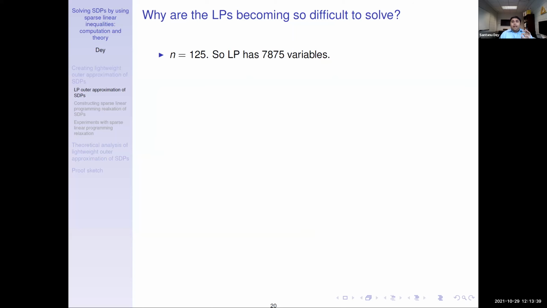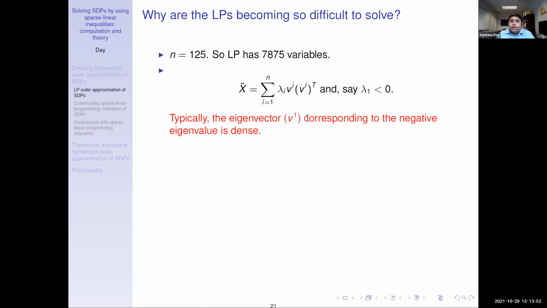So let's see why these LPs become difficult to solve. My n was 125, so the LP, it's symmetric, so it's not exactly n squared, but you basically have that many variables. Typically these eigenvectors corresponding to the negative eigenvalues tend to be dense vectors.